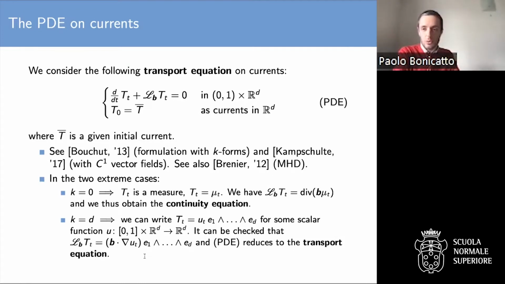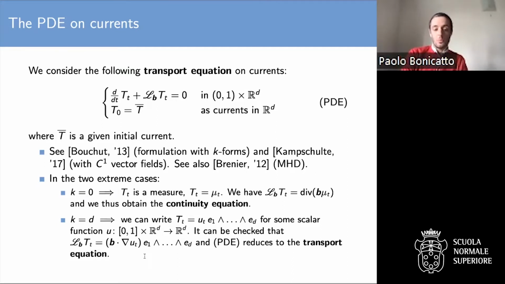So T is something that we can write as mu, where mu is a scalar measure. It's a very easy computation that the Lie derivative in this case is nothing but the divergence of the product B mu. And so all in all, this PDE that I'm considering in the case k equal to 0 reduces to the good old known continuity equation for the measure mu_t.